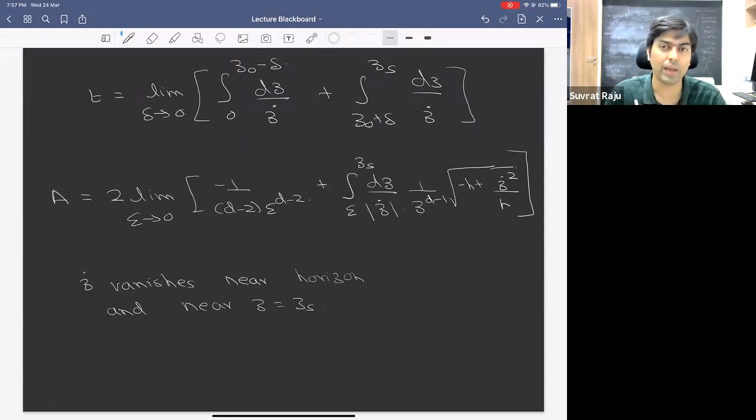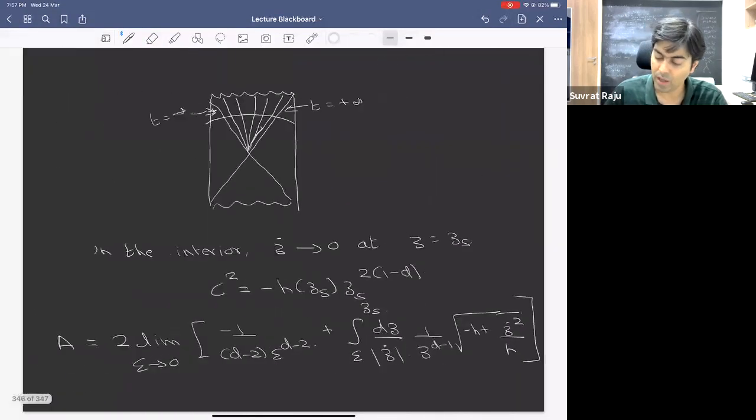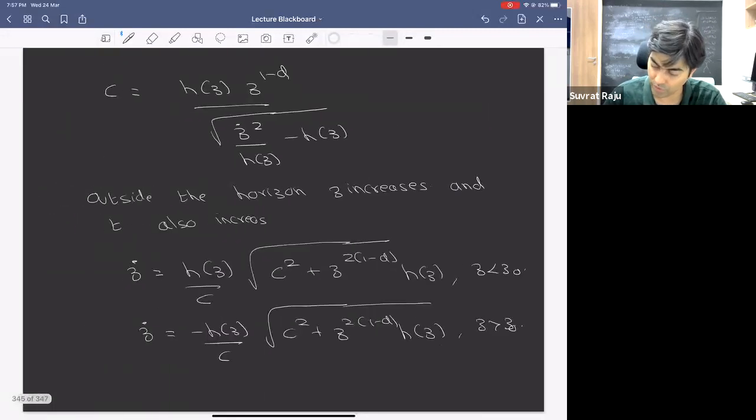You can see that when z dot vanishes near z equal to z_s, that happens here. And in fact, z dot vanishes like the square root of z minus z_s, which maybe you can see from this formula. Okay? If you look at this formula, you will see that there's some point where z dot goes to 0, but the way it goes to 0 is like square root of z minus z_s when the term in the square root becomes 0.